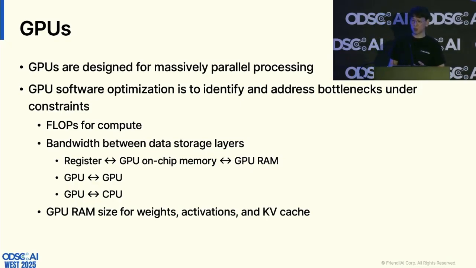Most important dimensions to consider are FLOPS for compute power, bandwidth across storage layers, for example, transfers to and from GPU RAM, and the size of GPU RAM, which directly impacts how much data and how many requests can be handled in parallel.